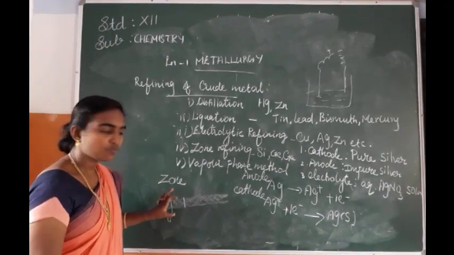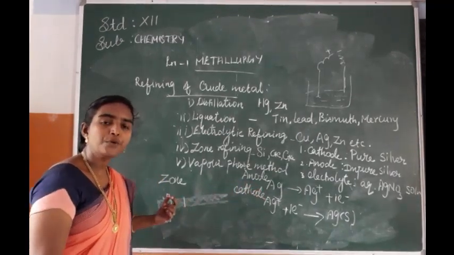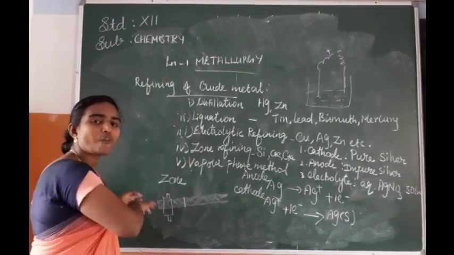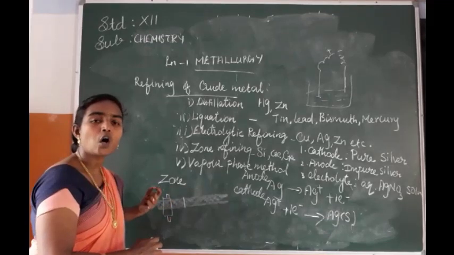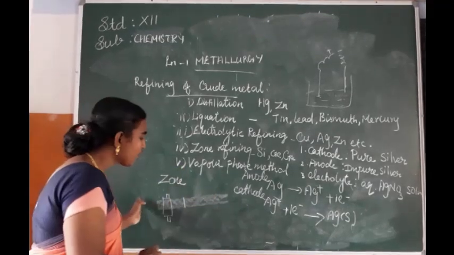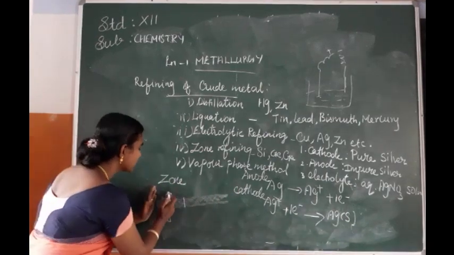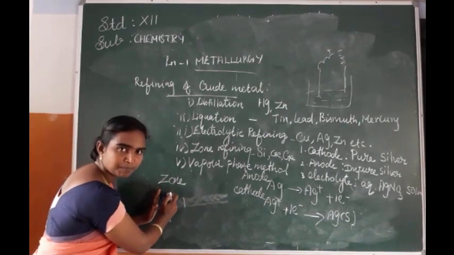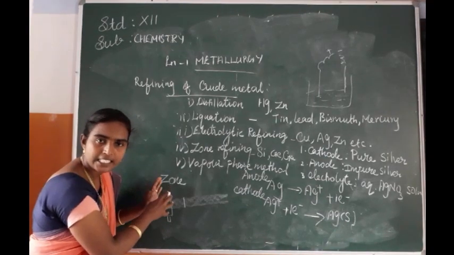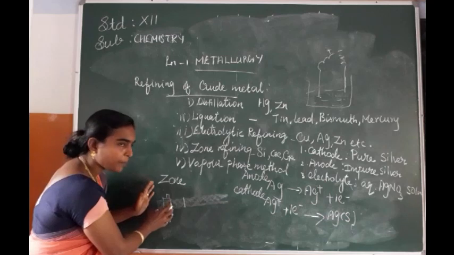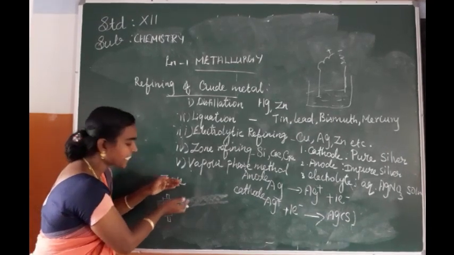So like this, when you are moving to the other end of this rod, the impurities will be swept from one zone to the other zone along with the induction heater. So it will be swept like this. Have you understood? When this region is heated, automatically the metal will start to melt, isn't it? After melting, we move this induction heater to the next region.